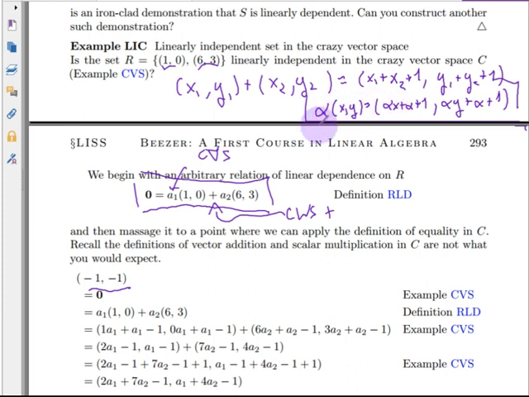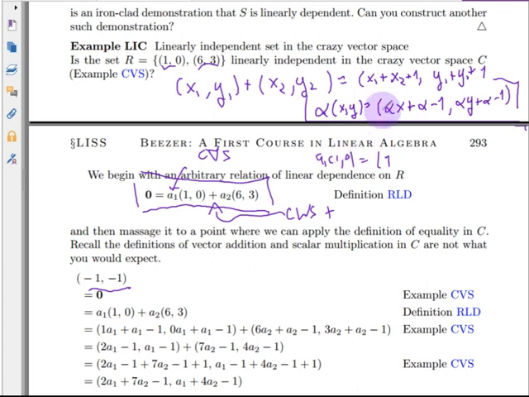Yes, A1 times 1, 0. Let's use the rules here. This is going to be A1 times 1, which is 1. I'm sorry, this is not plus 1. This should be -1. Sorry about that. As you can see, I've rewritten my scalar multiplication to be correct this time.